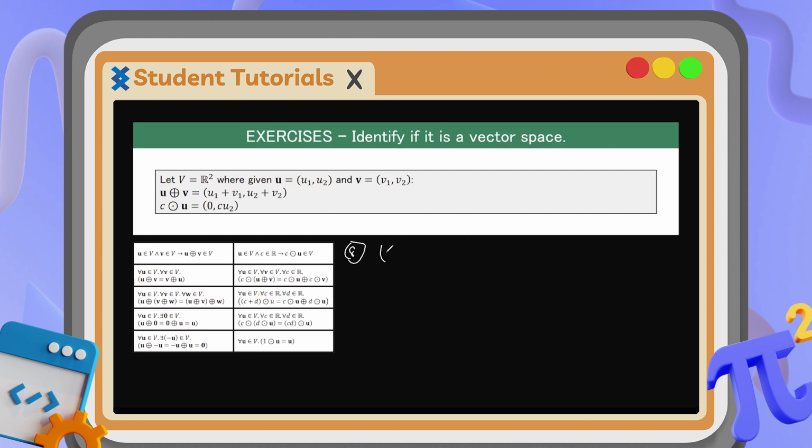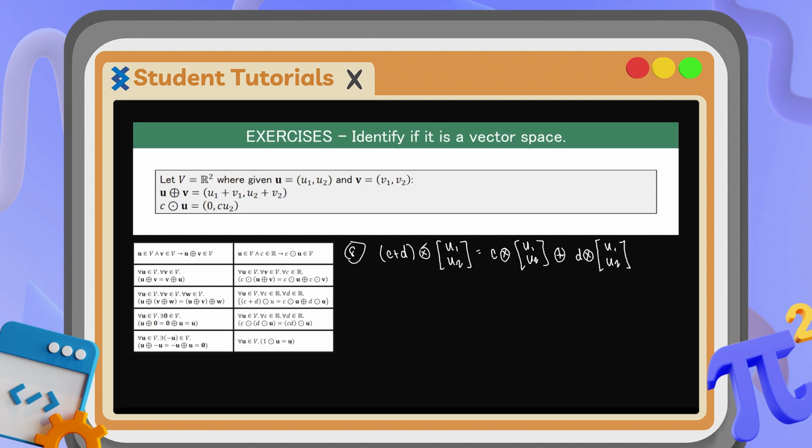So again, following the rule, copying it, will give us (c plus d) scalar multiplication of (u sub 1, u sub 2) equals c scalar multiplication of (u sub 1, u sub 2), followed by vector addition of d times (u sub 1, u sub 2).